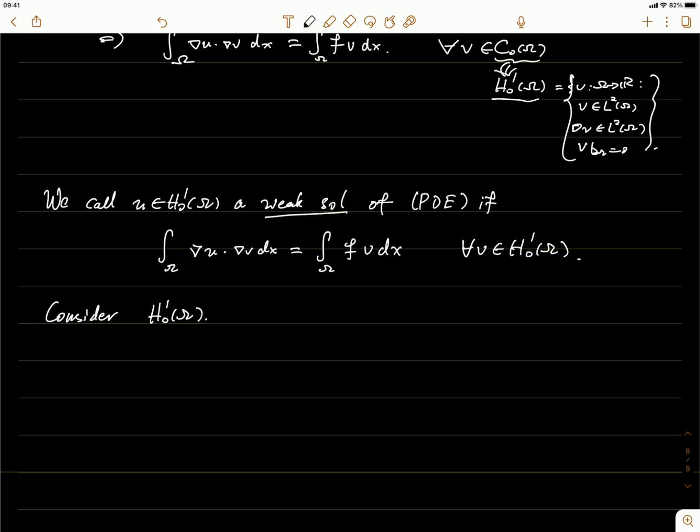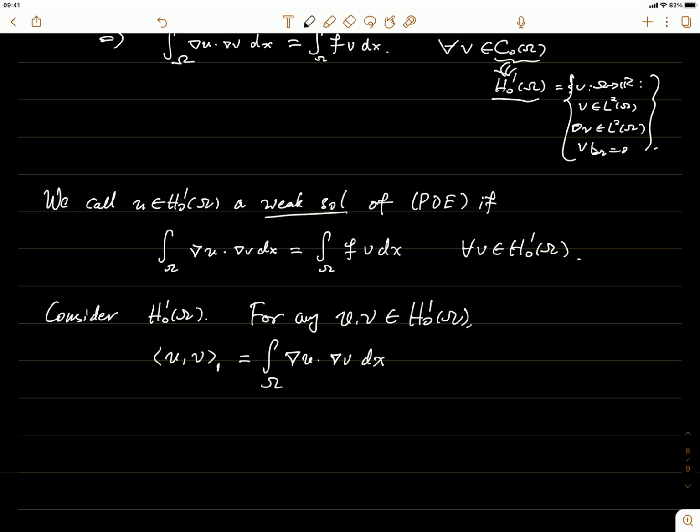Okay, and then remember that we proved in the Poincare inequality that if you have two functions in this space, say for any u and v in this space, we're going to define the inner product of this by the integral of the gradient of u times the gradient of v dx.